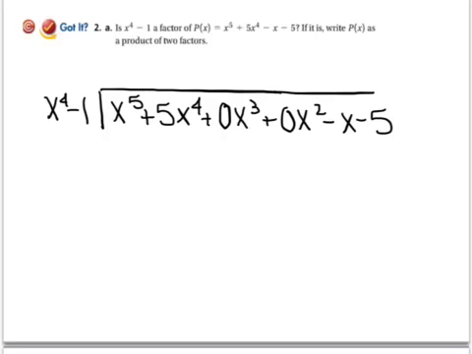So no matter what your highest degree is, you're always going to count down the degrees from your highest one until you get to your constant number. And then just go ahead and do your division.